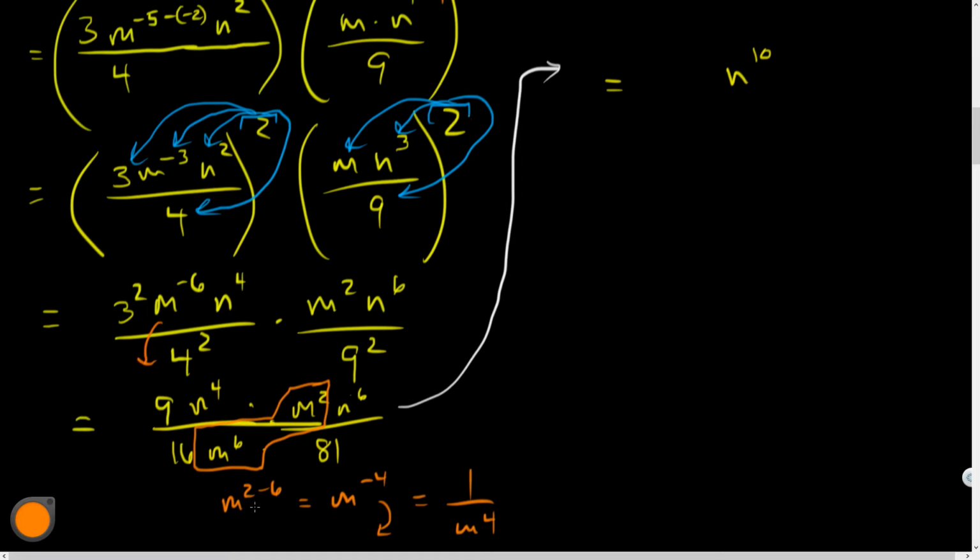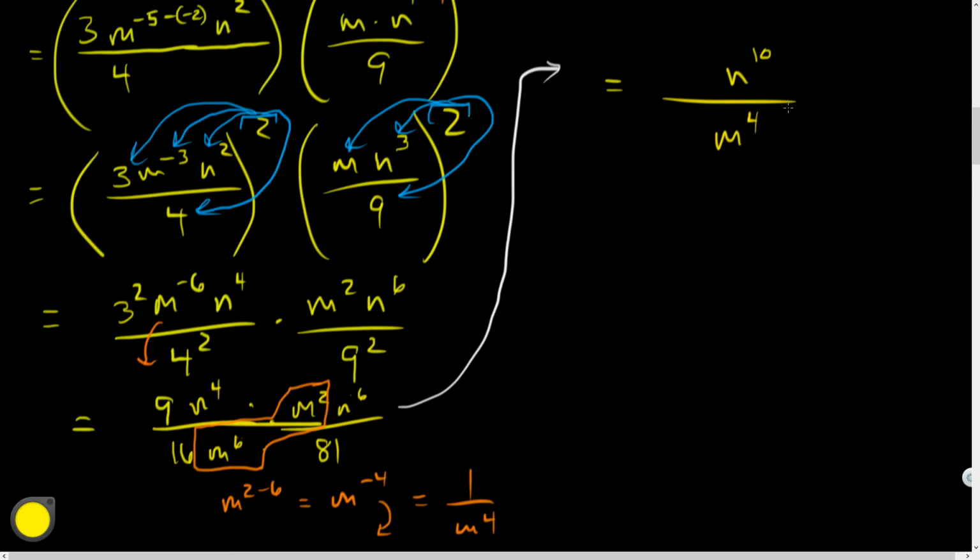The other strategy you can use, and I'm going to let you guys use this route, is instead of subtracting it from the top, just always subtract the little guy from the big guy. So I'm going to subtract 2 from 6 in the location of the denominator to begin with, and that'll make things a little bit easier. So I'm going to get m to the 6 minus 2 downstairs and get m to the 4th.